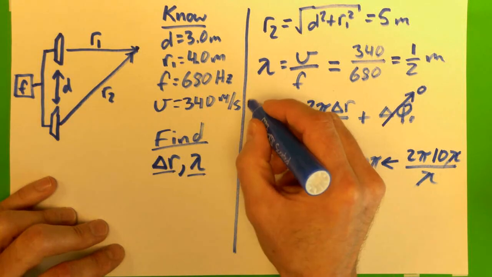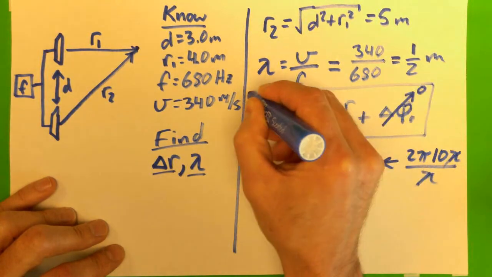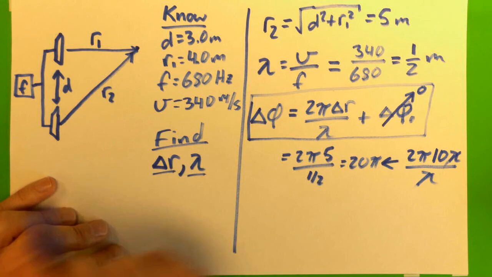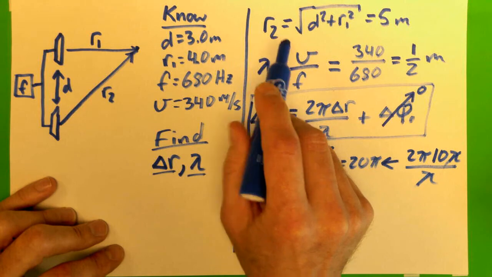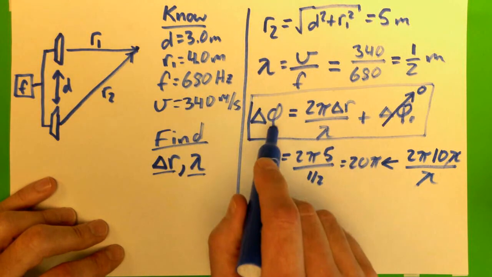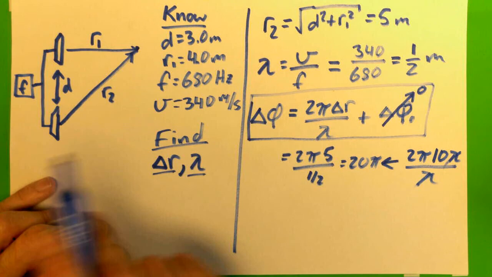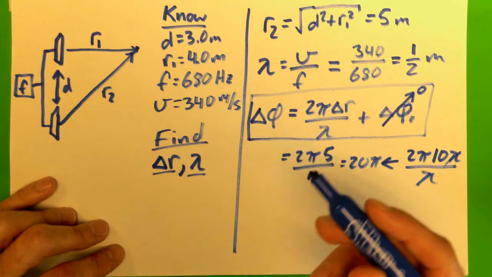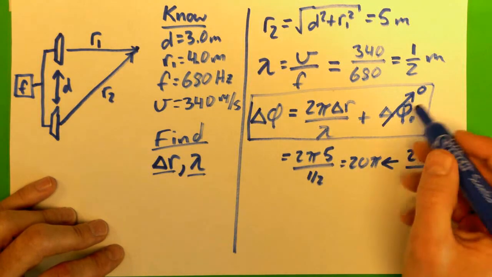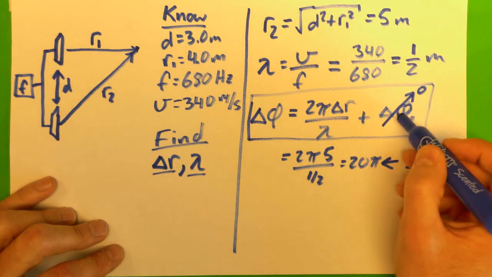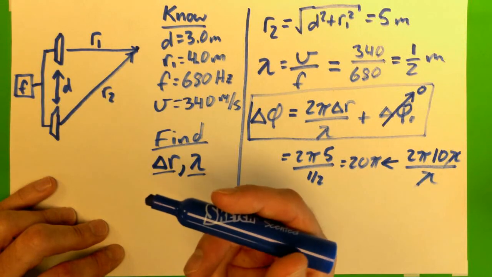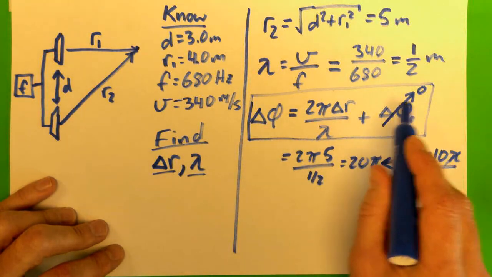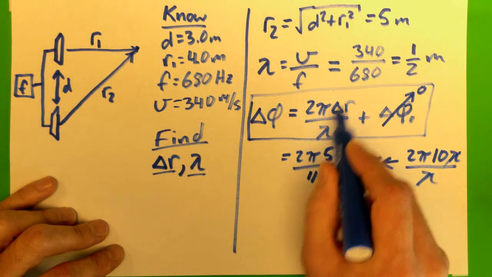Now, this is our major equation we use for this particular phenomenon. We had to employ this very important, very general wave phenomenon here, and then some geometry. Those were our 3 tools we had to use to be able to solve this. But I want to point out a more efficient way of thinking about this. If the initial phase constant difference is 0, so the signals are generated by the same source, we don't have to worry about the phase per se, it's all based on the path difference.